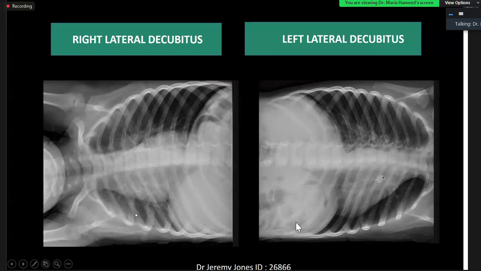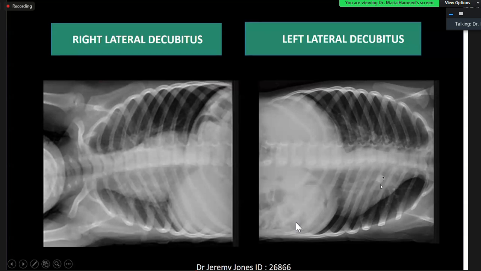The same happens on CT scan, where we expect basilar atelectasis on axial sections when the patient is lying down. On the contrary, in the left lateral decubitus, the affected side, the air is trapped. Air is continuously coming in, but it's not going to get out of the lung.